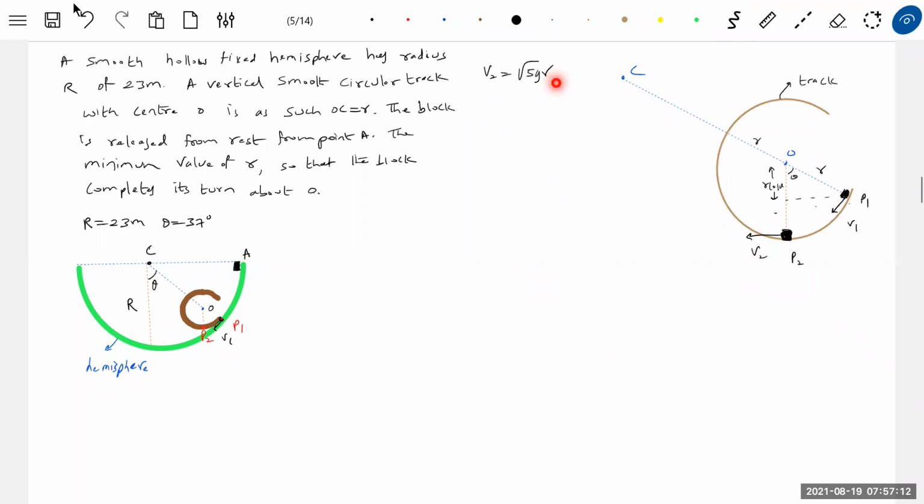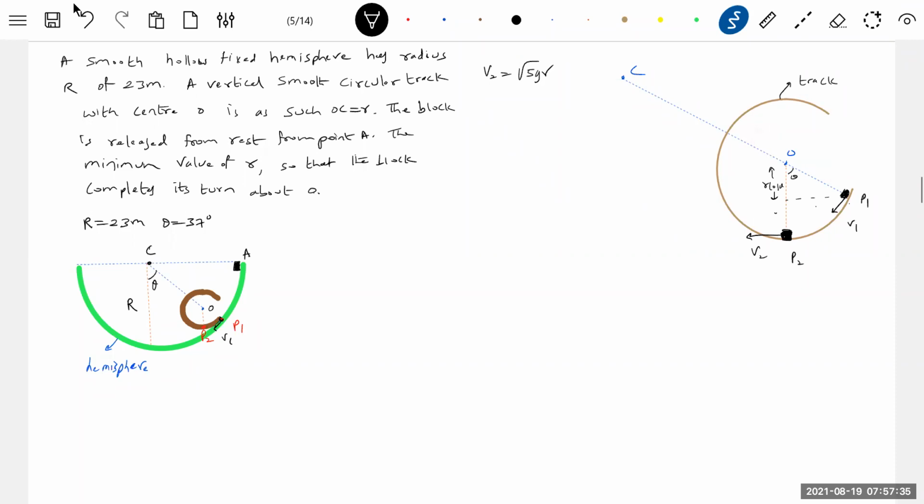Sir, the OC is smaller, sir, not the radius of the smaller track, sir. OC is smaller, no? So that OC is equal to R. Yeah, I'll change this.